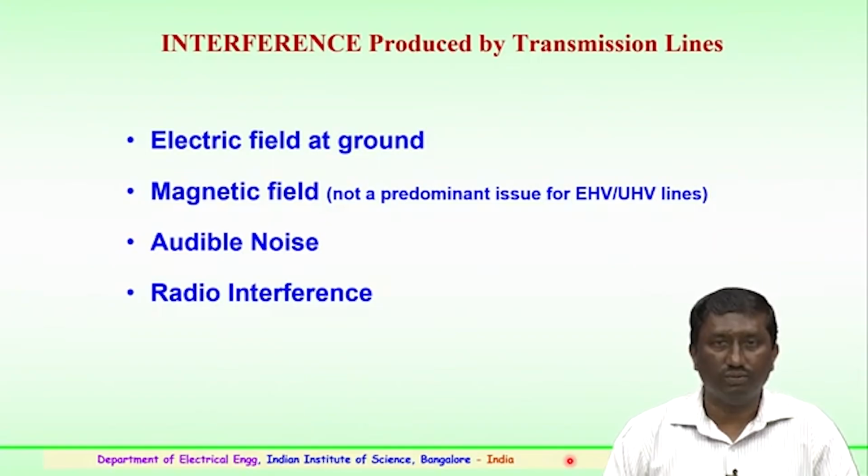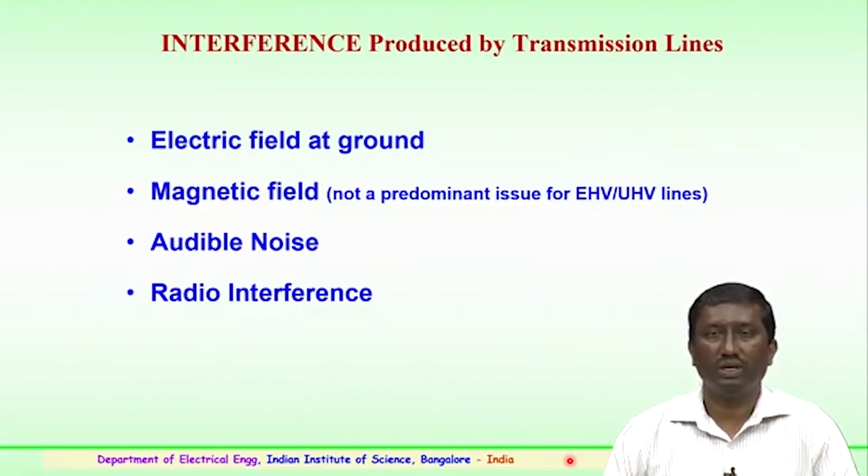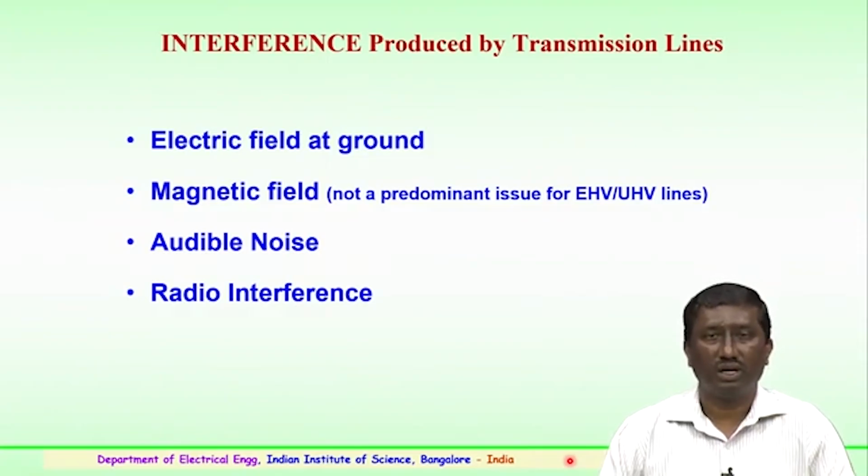Four important parameters have to be verified during the energizing conditions: the electric field at the ground level, and the magnetic field, which may not be a predominant issue in the case of extra high voltage and ultra high voltage transmission lines, where the conductors operate at a very high voltage and the current will be lesser. So, the effect of the magnetic field may not be much of an issue.